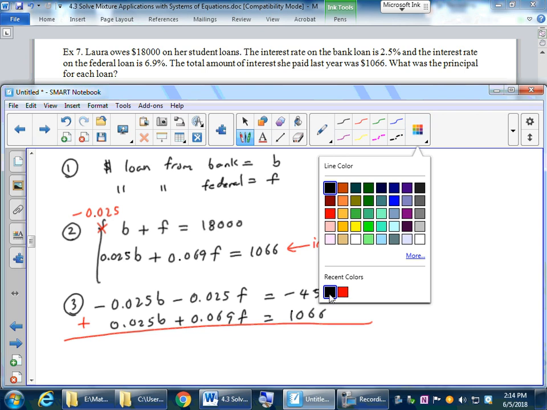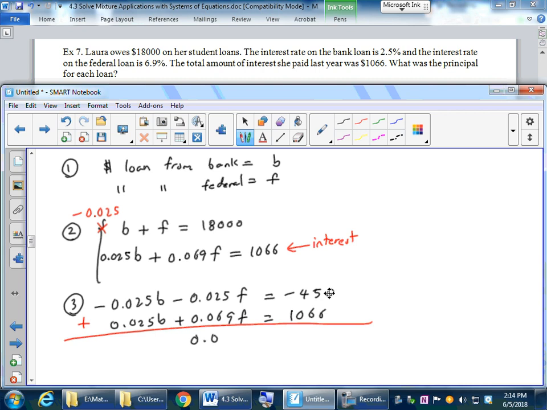So b got eliminated, so that will give me 0.044f is equal to 1,066 take away 450, that will give me 616. And now you divide both sides by 0.044, so that gives me 14,000.